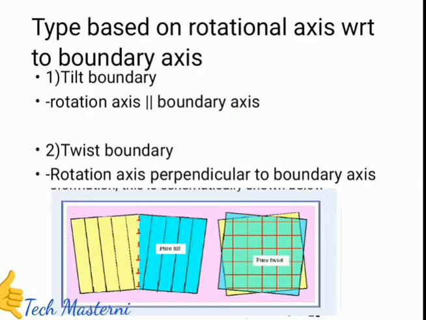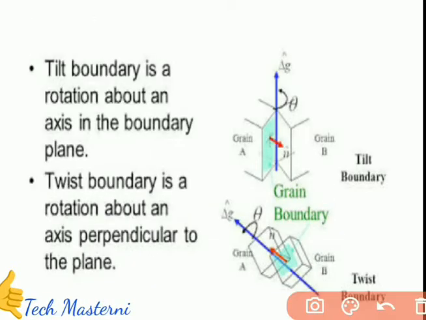The next error is with respect to the rotational axis and the boundary axis. Let's see, we have two types of error, tilt boundary and twist boundary. So, in the tilt boundary, the rotational axis and boundary axis are parallel. So, let's see here in the diagram.